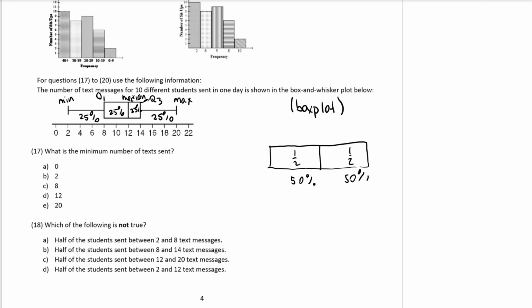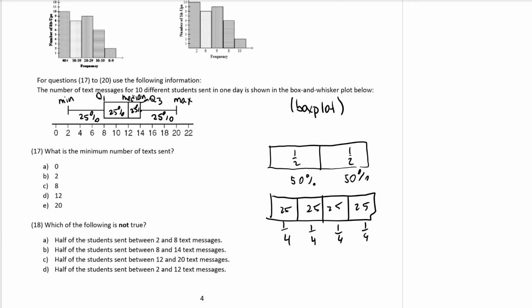If you divide each half again, you get 25% in each quarter, correct? This is the basic, elementary school idea of fractions and percentages, right? So we know that. We're comfortable with this.